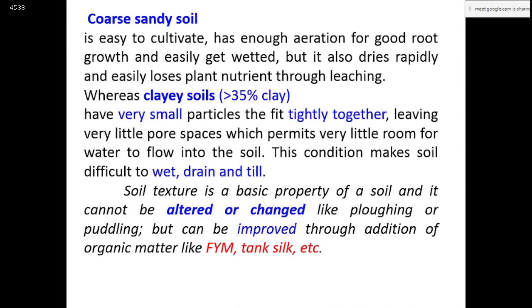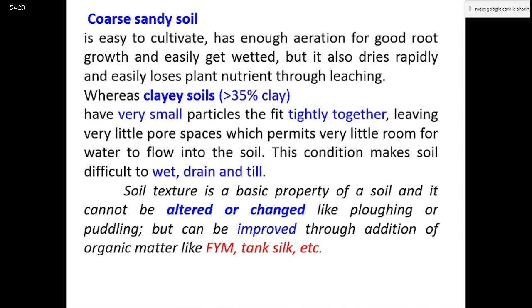When water is applied to the clay soil, it easily holds the water and it is not easily leached down. The drainage capacity of clay soil is very low, and on drying we cannot easily cultivate that clay soil.